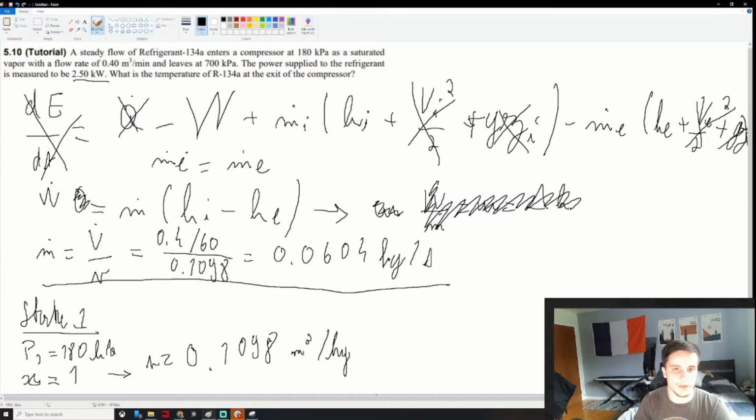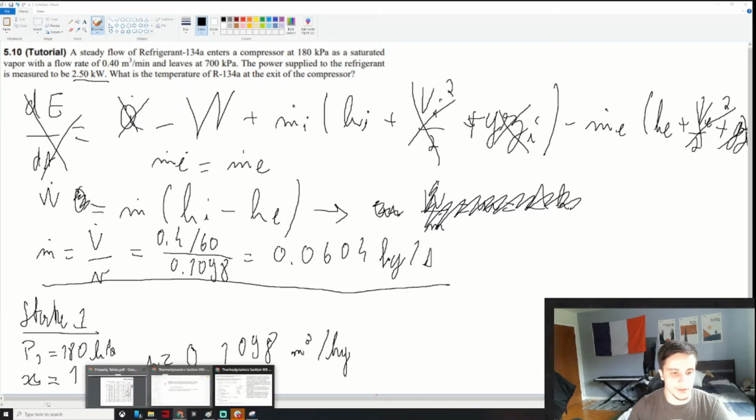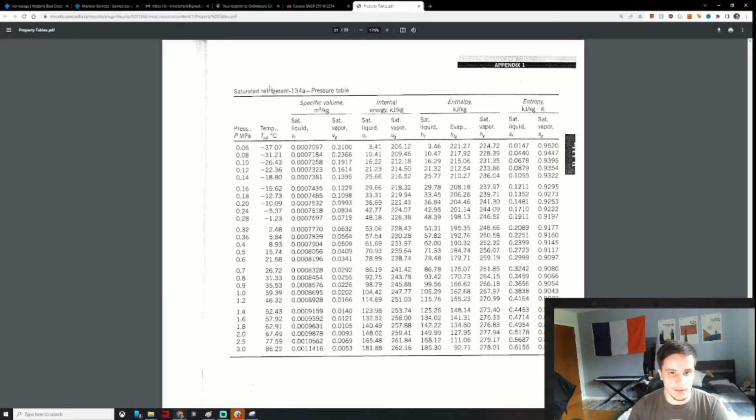So state 1 is 100 kilopascal and state 2 is 700 kilopascal. In both cases X is equal to 1. We find the specific enthalpy just like we found the specific volume. Just to quickly do it ourselves, saturated refrigerant 0.18 at saturated vapor is right here, so 33.45 kilojoules per kilogram.